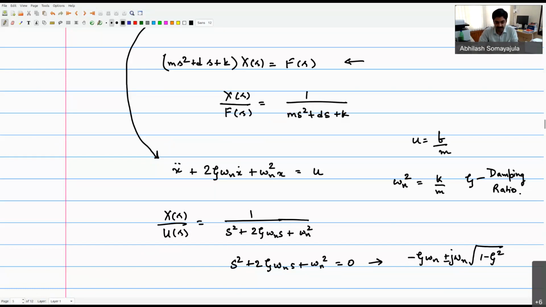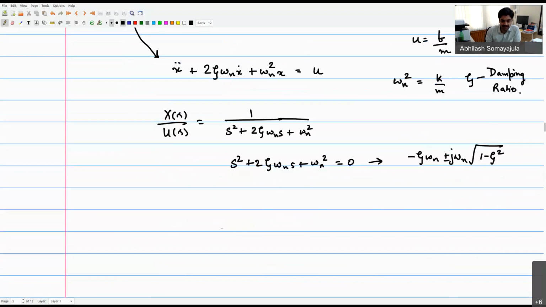Whenever zeta is between 0 and 1, the roots of this equation will be two complex conjugates. If I plot them in the complex plane, their real part will be minus zeta omega n, and the imaginary part will be omega n times the square root of 1 minus zeta squared, which is also the damped natural frequency of the system.